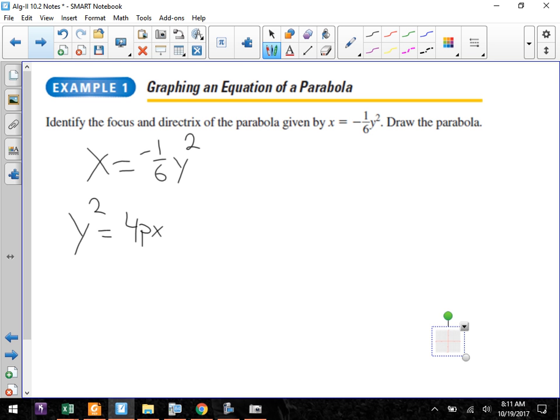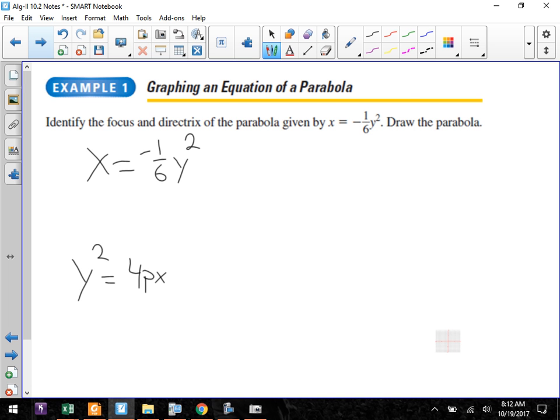Parabolas are the easiest ones to identify what direction they're going. Circles are pretty easy too.